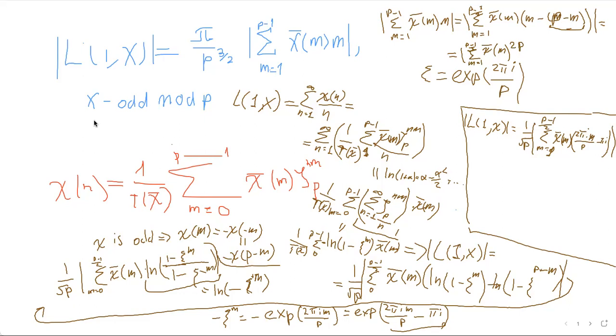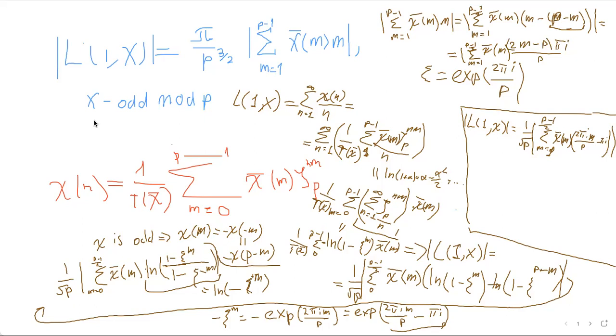Where is my undo button? It's here. 2m minus p. Divisible. What we want here is p in the denominator, so it will be multiplied by pi divided by p, and also we want i here.